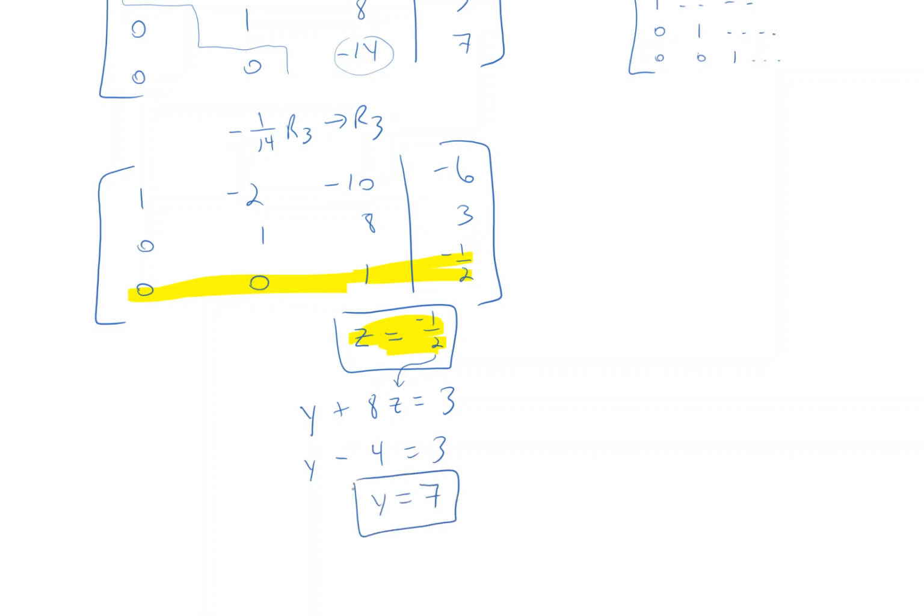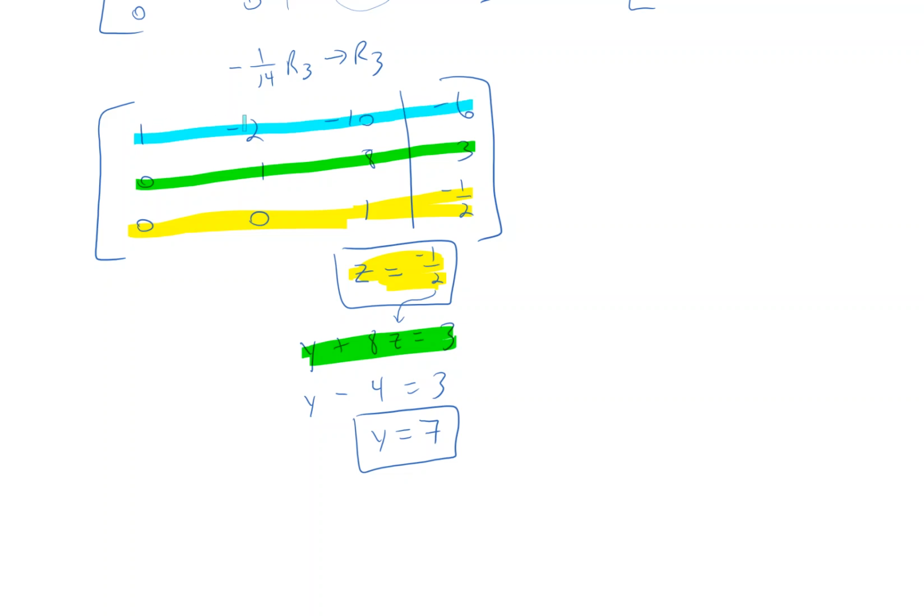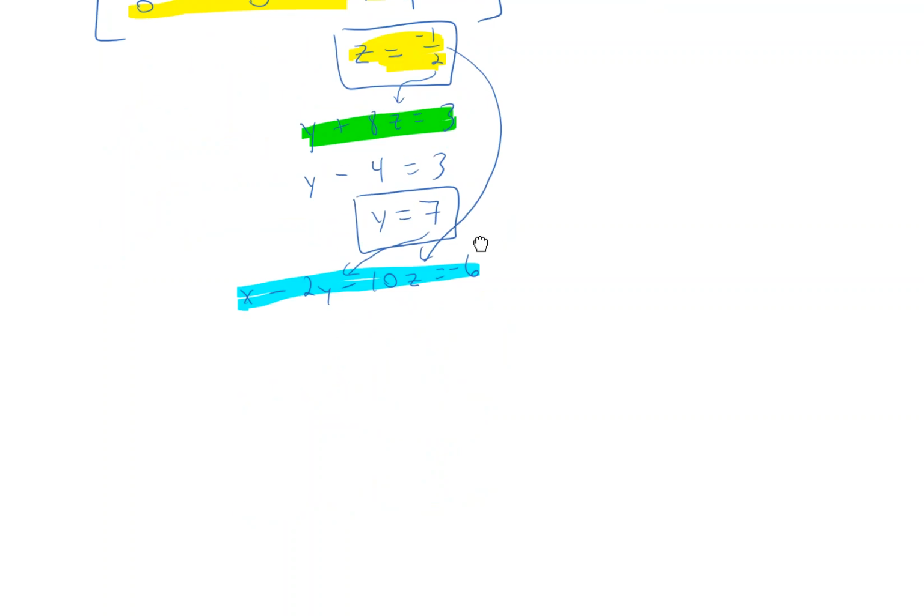All right, and then I can write down my first equation. So my second equation came from this guy, and my first equation is going to say x minus 2y minus 10z equals negative 6. And I can plug both of my previous values in for z and for y, and I can solve for x.